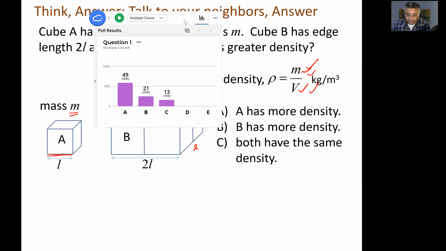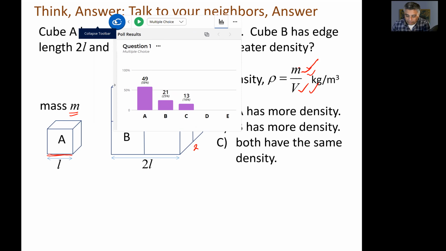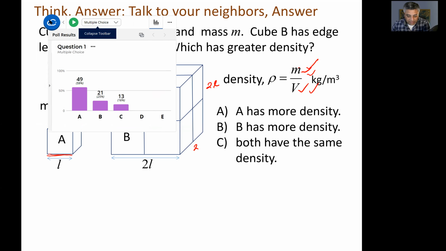Let's see what we got. Okay, mostly A, but there are B and C as well.